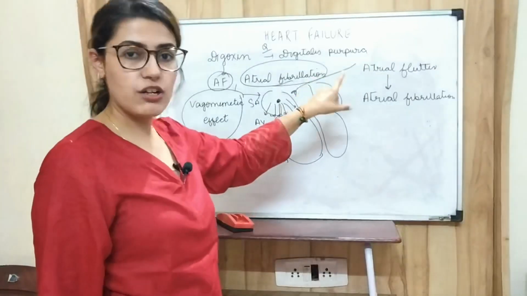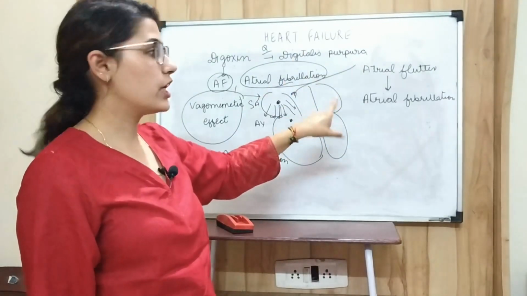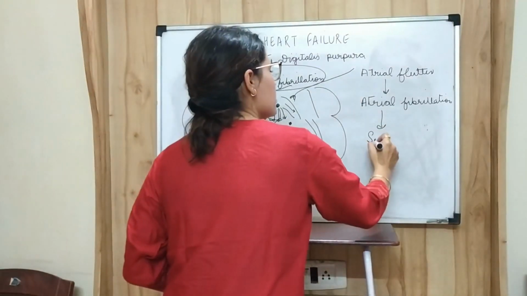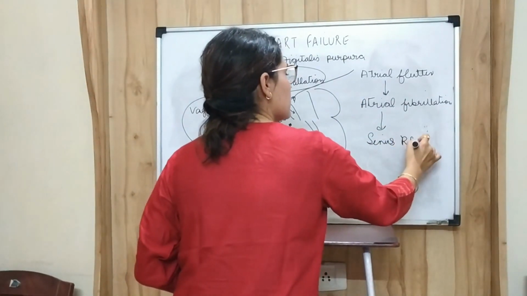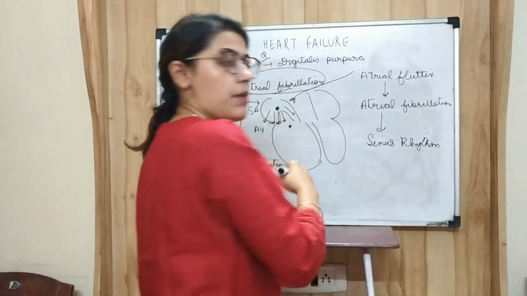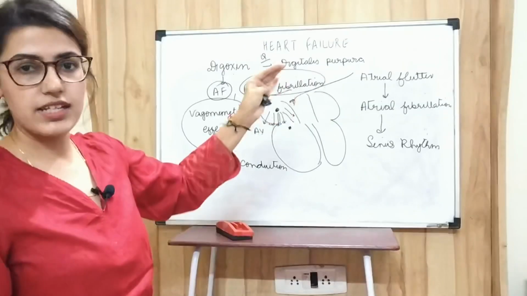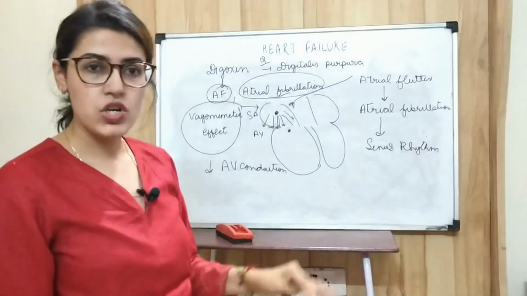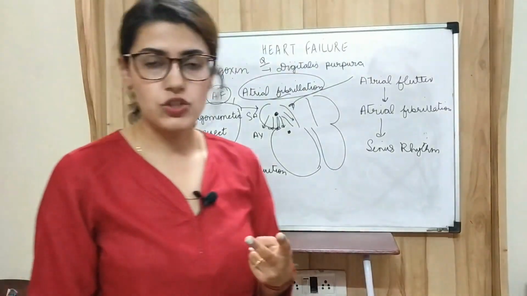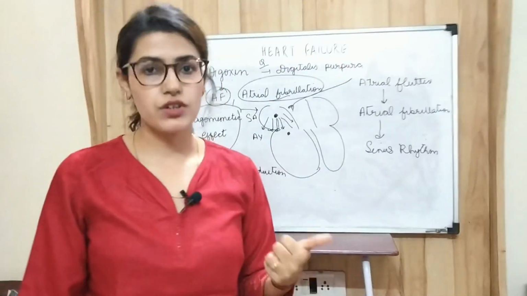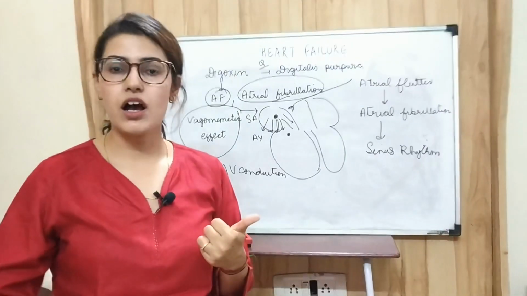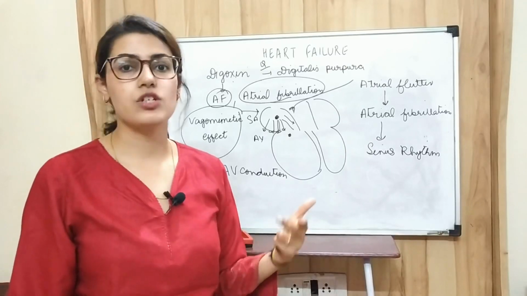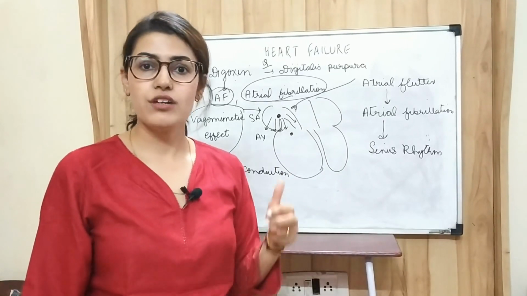But when given in atrial flutter, it first gets converted into atrial fibrillation and then it comes to sinus rhythm. So there is a pathway between the atrial flutter and sinus rhythm. It gets converted into atrial fibrillation first and then into sinus rhythm. So there are two mechanisms of action of digoxin. One, it increases the force of contraction, used in heart failure. Second, it has vagomimetic action, and that is utilized in atrial flutter and fibrillation.